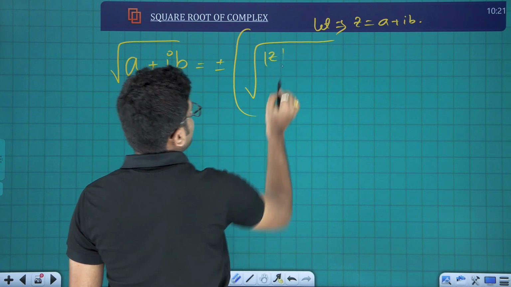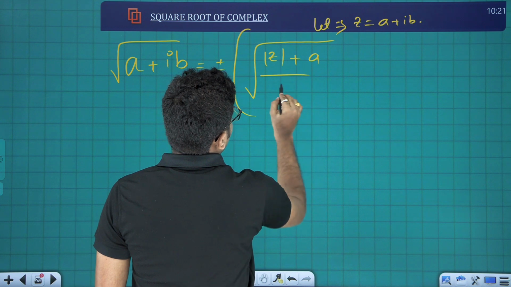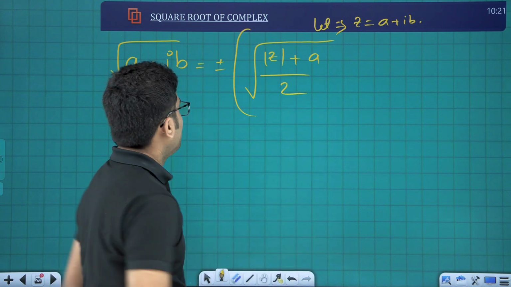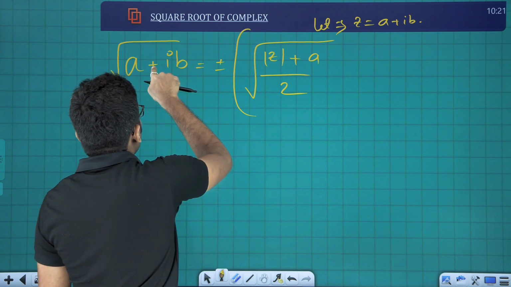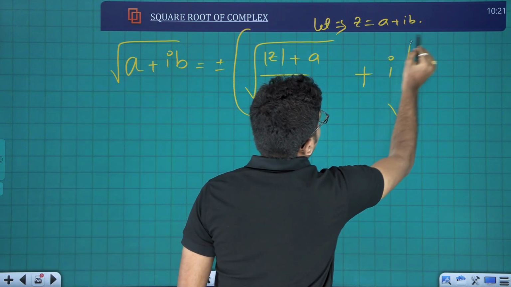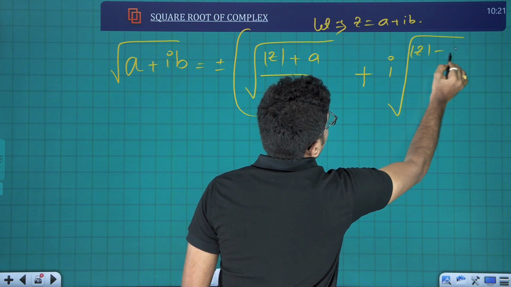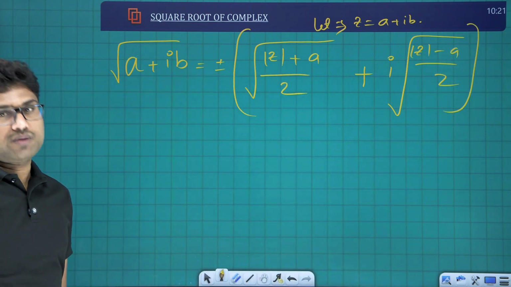We find mod Z, the modulus of Z, plus A by 2, square root of it. Now the sign here is plus, so here also it should be taken plus i times square root of mod Z minus A by 2. So this is how we get the square root of a complex number.